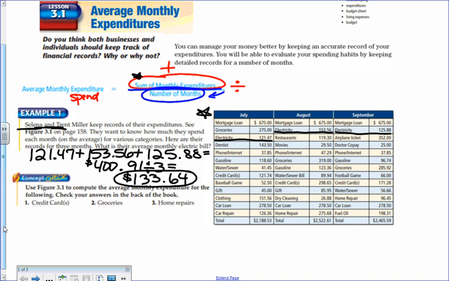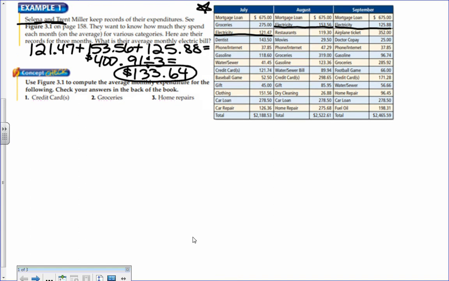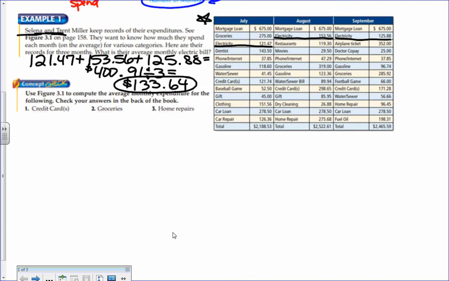Okay, we're going to do this same activity for their credit cards, for their groceries, and for their home repairs. Okay, I'm going to keep it kind of in these columns. All right, so for credit cards, I'm going to underline credit cards.